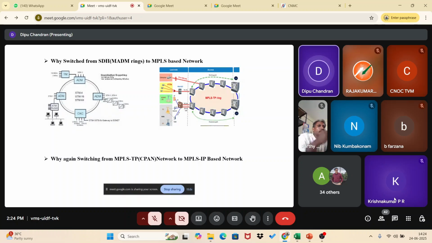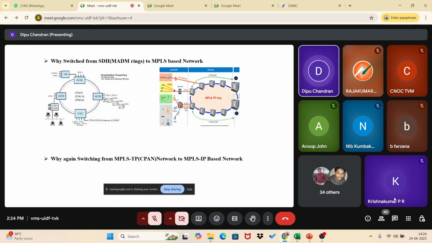If the customer is not sending any data, the ADM itself will generate dummy data and send it. It will always be there. But with Ethernet, only whatever the customer is sending will be there. So even though we have a 10G backbone, we can have optimum utilization.